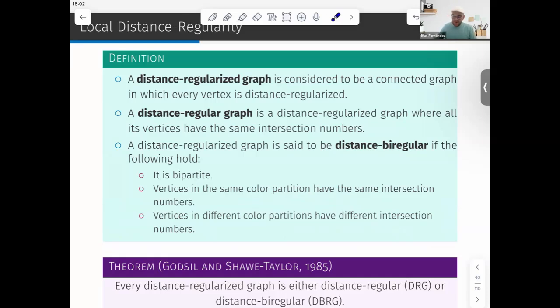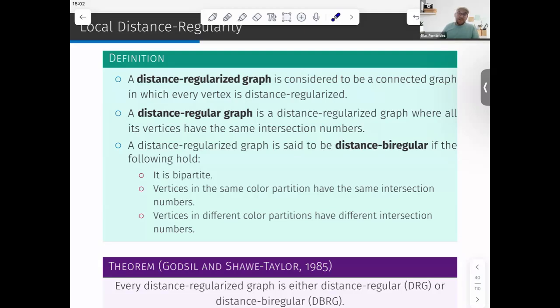And a well-known result by Goldstein and Taylor says that if we have a connected graph and every vertex has this property, then you just have two options. Either your graph is distance regular or your graph is distance-biregular. In the first case, in a distance regular graph, your graph is regular, and every vertex has the same intersection array.